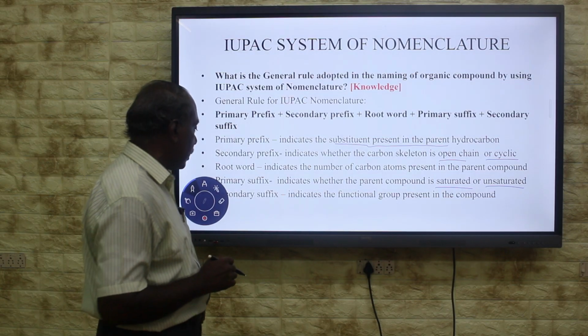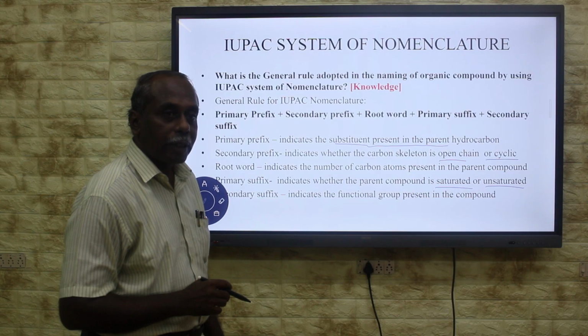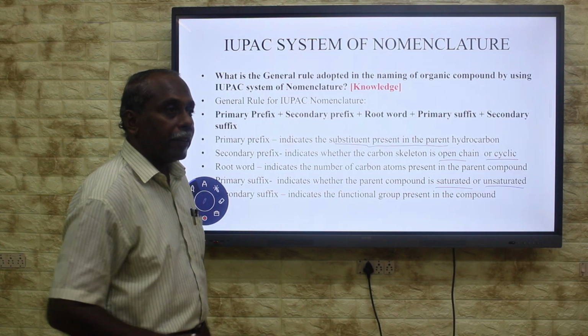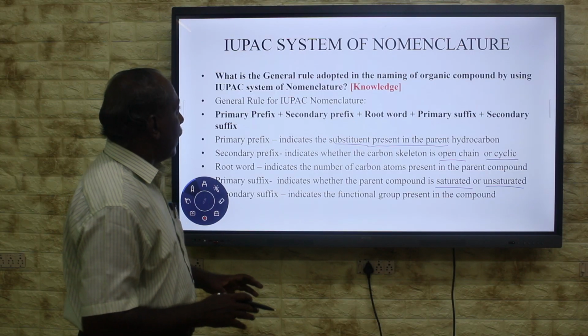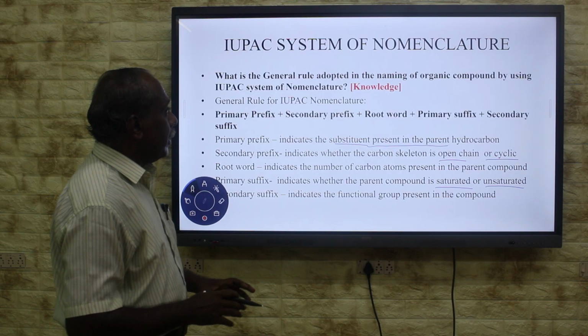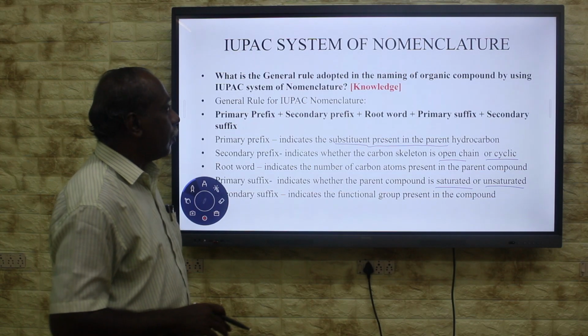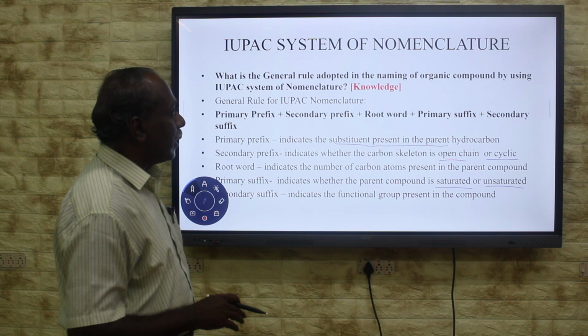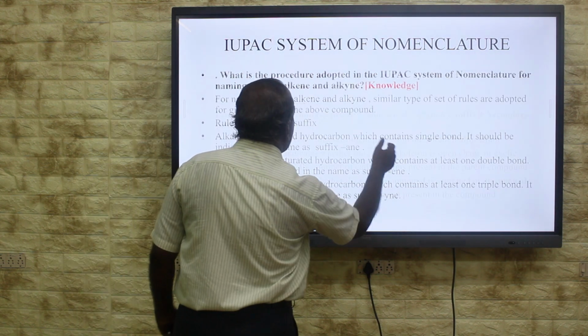Then the secondary suffix indicates what functional groups are present in the compound, and those are given at the last. In that way, we give the name to the organic compound. That is the general rule adopted in framing the name of the organic compound.